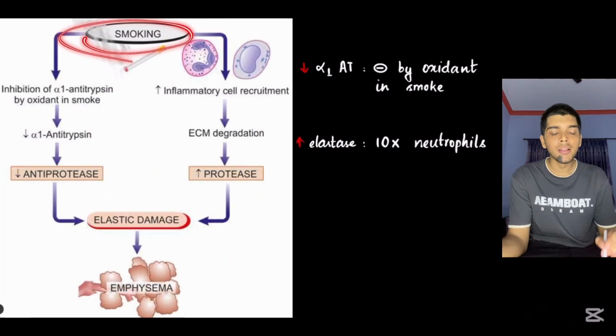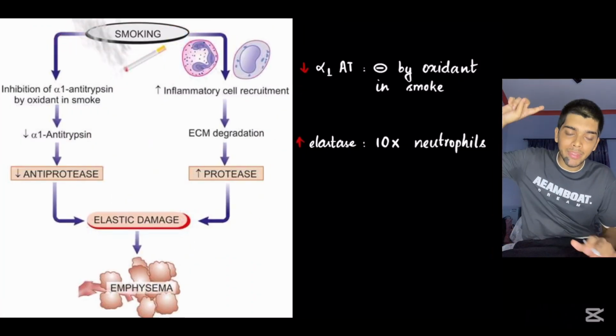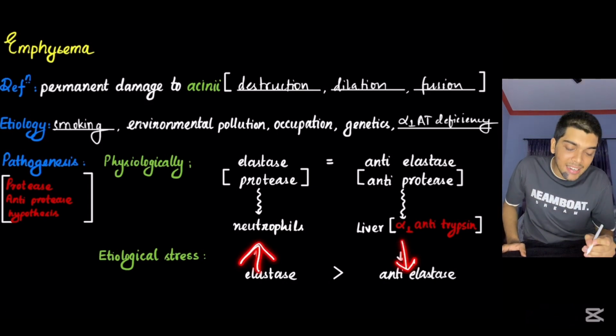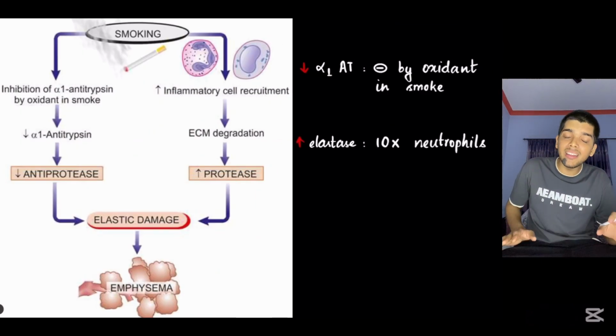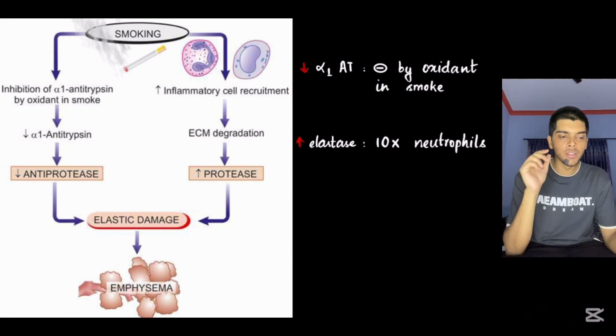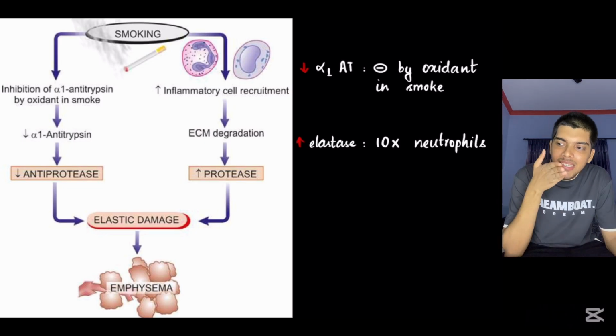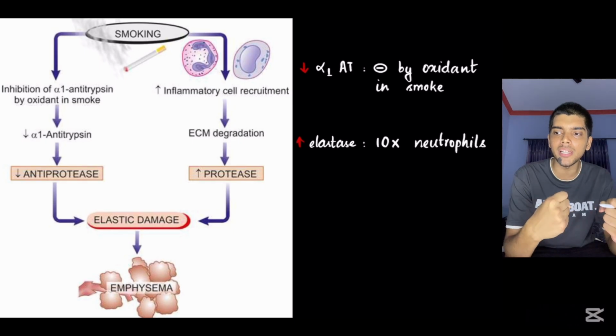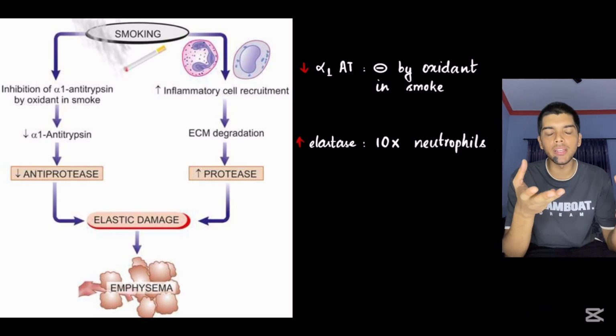First, smoking. Smoking does both. It increases elastase, and it also decreases anti-elastase. How? Smoking applies stress in the acinus, resulting in inflammation, and due to inflammation there is recruitment of inflammatory cells, which obviously includes the neutrophil.